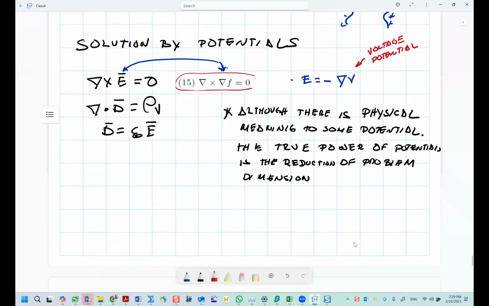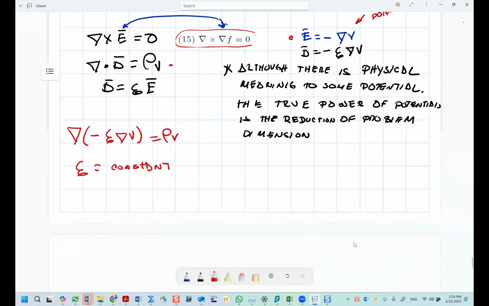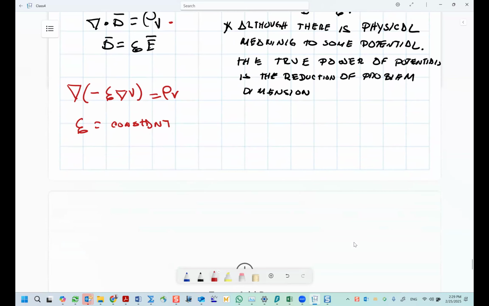Then D vector will be minus epsilon the gradient of V. I substitute that in the divergence equation, and it's equal to rho V. Again, I assume epsilon is constant, a nice and beautiful medium, so I get epsilon out.